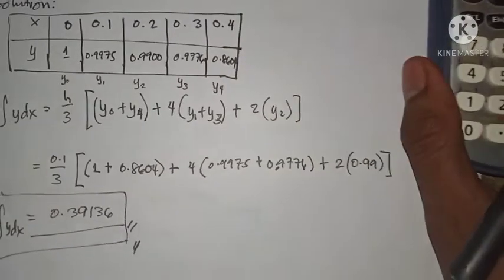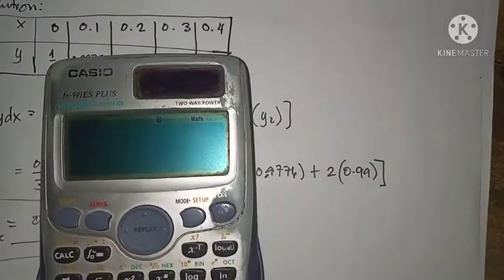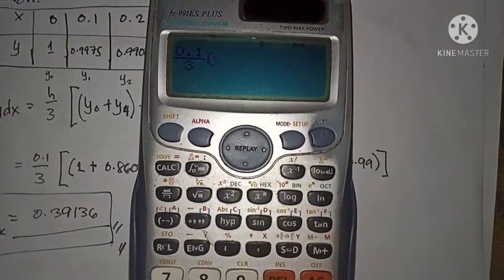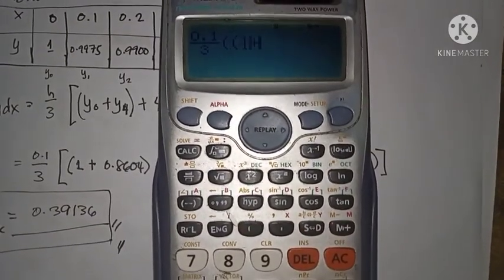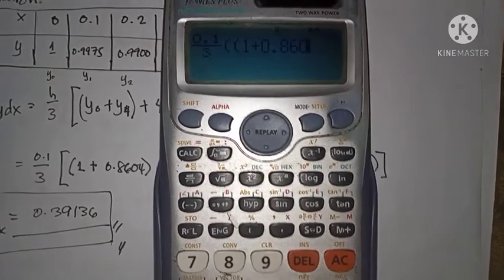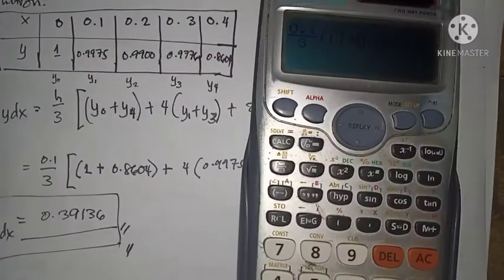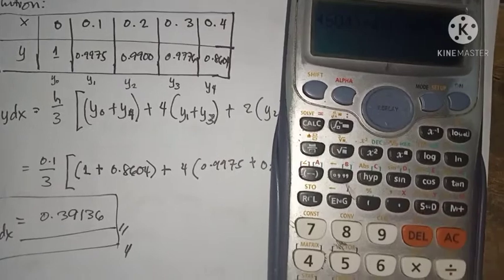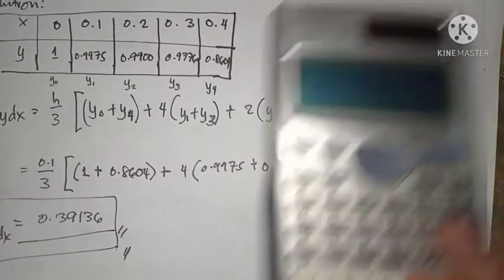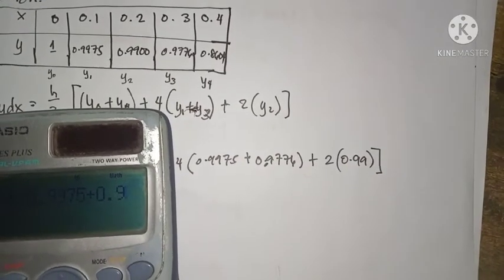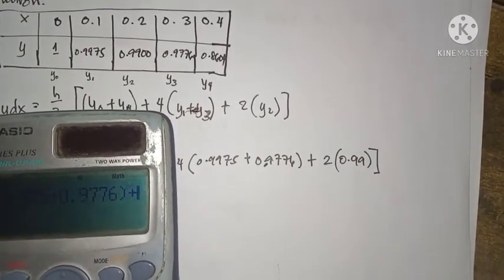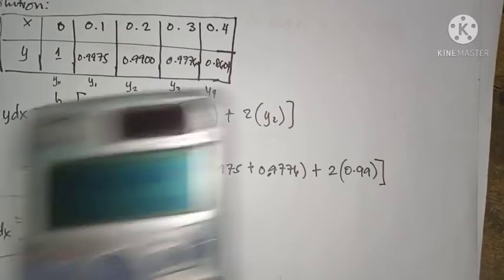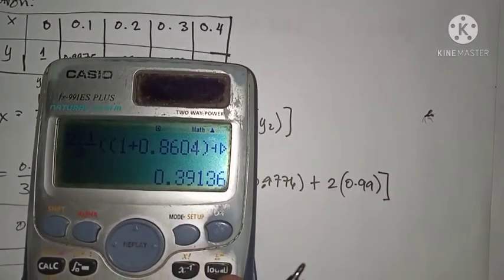So para makompute natin ito, 0.1 divide 3, tapos 1 plus 0.8604 plus 4 times 0.9975 plus 0.9776 plus 2 times 0.99 is equal to 0.39136.